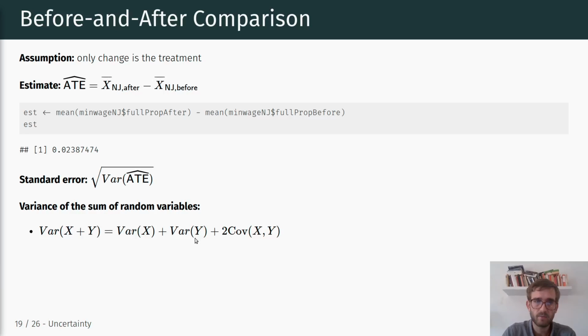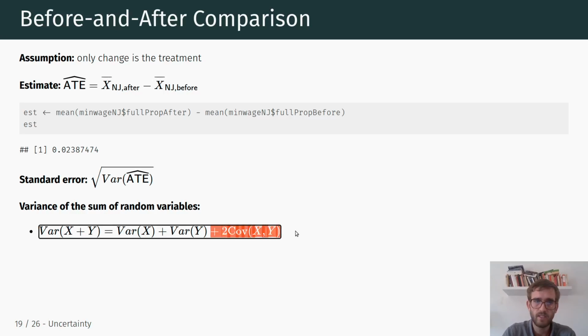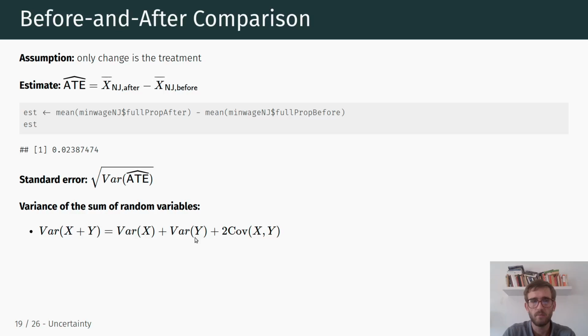In the previous case, we were able to leave this out because the distributions of employment in New Jersey and Pennsylvania were assumed to be independent of each other, so the covariance was equal to 0, so we were left with the variance of those two. Okay, now we have to take into account the covariance between those two.